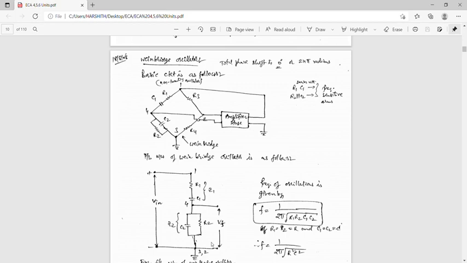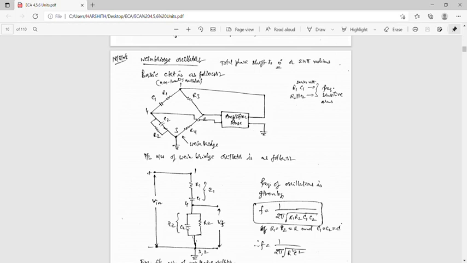As seen earlier, the input voltage to the feedback network is between 1 and 3, and the output of the feedback network is between 2 and 4. Such a feedback network is called the lead-lag network.